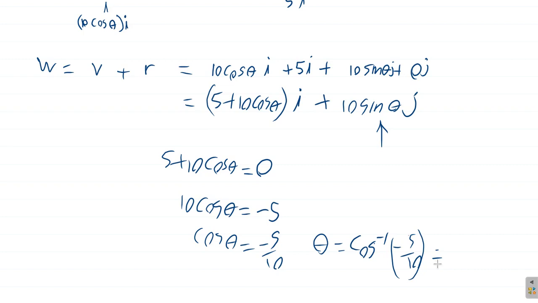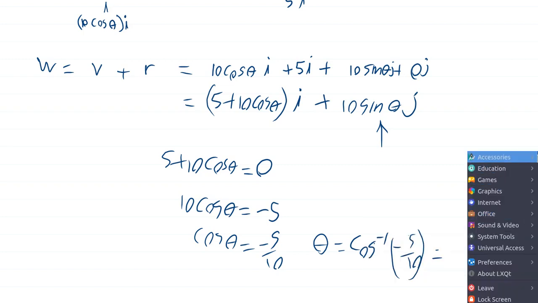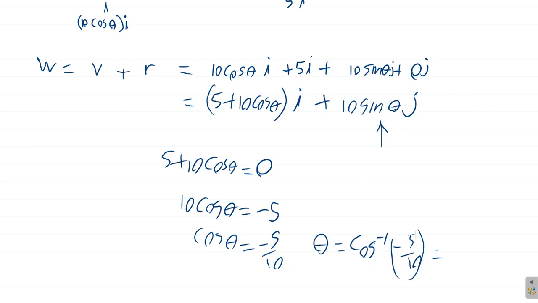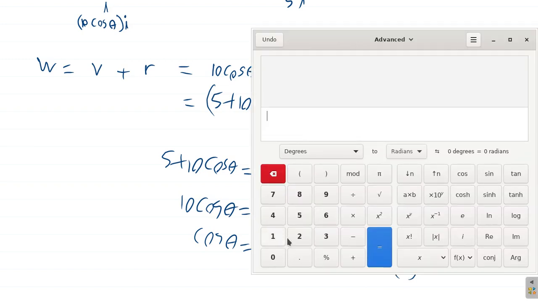Is it the same as, let me see, cos inverse of 0.5, which is 60? You will find that the cos inverse of negative 0.5 is 120.